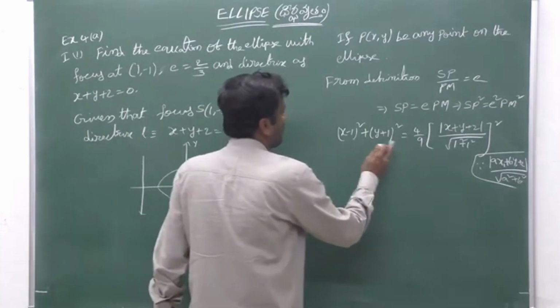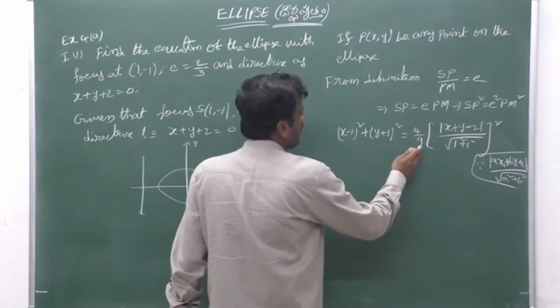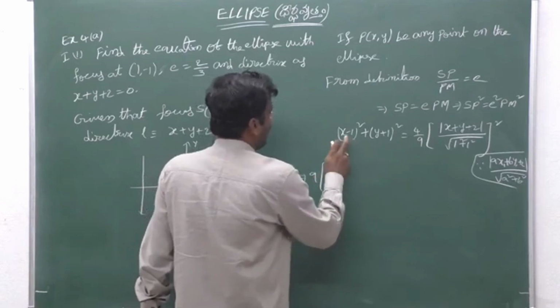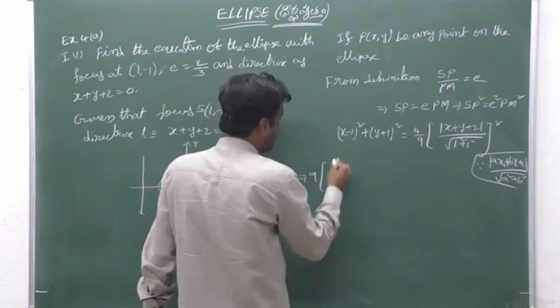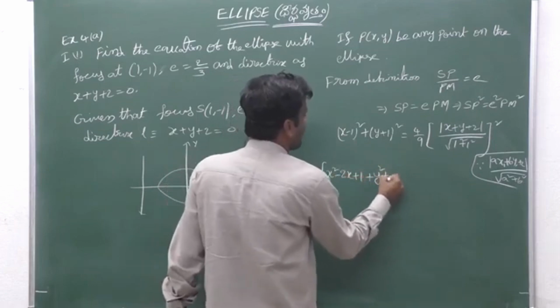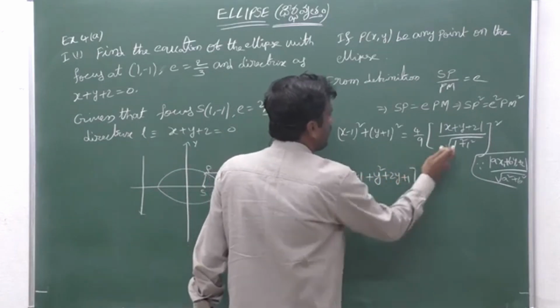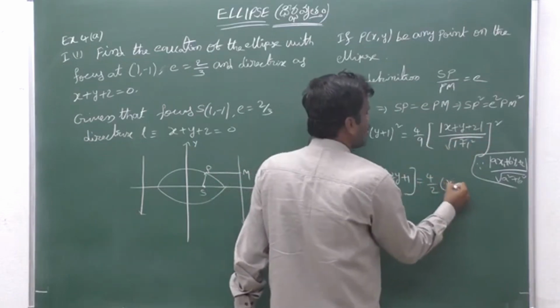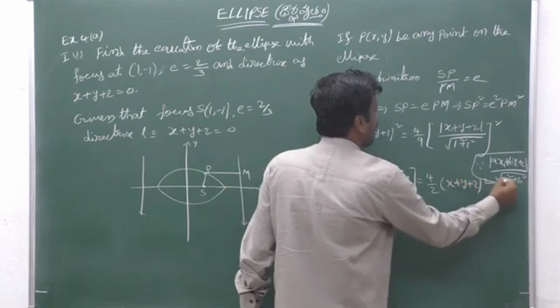Now cross multiplication. 9 into (x minus 1) whole square, x square minus 2x plus 1, (y plus 1) whole square, y square plus 2y plus 1, equal to 4 by root 2 whole square, 2, (x plus y plus 2) whole square.